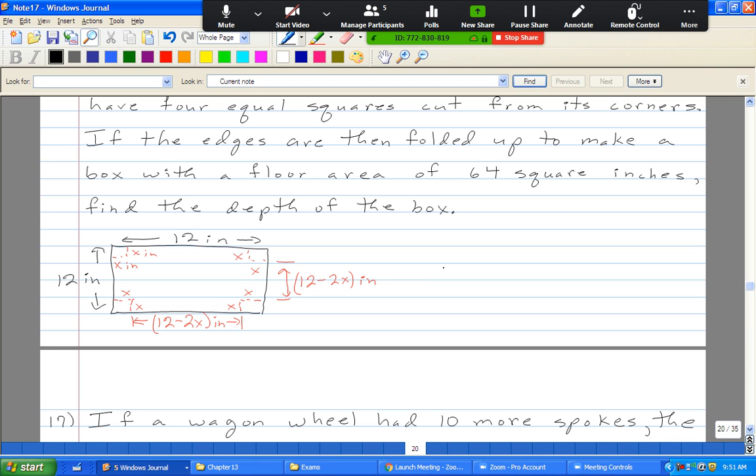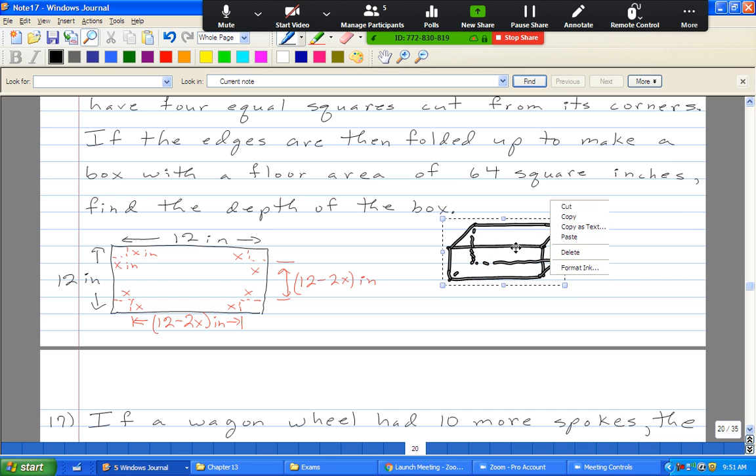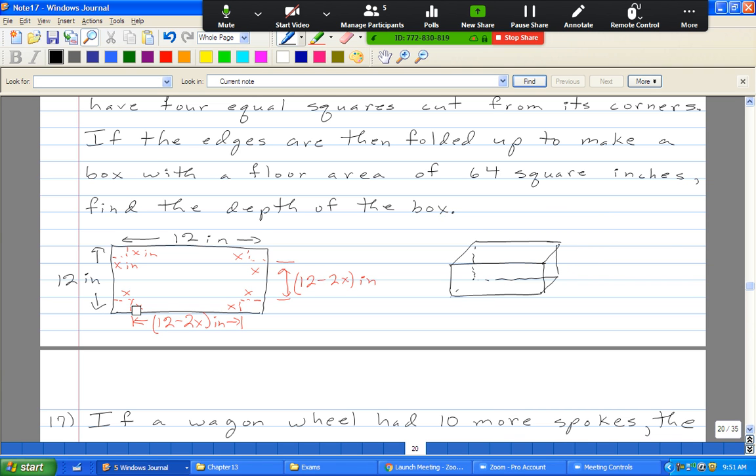You then fold it up and you get something here. Let's pull this down a little bit. So now, since it was folded up here, this length here is 12 minus 2x inches.